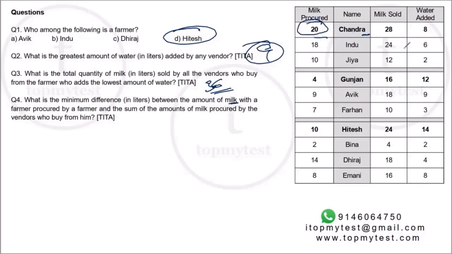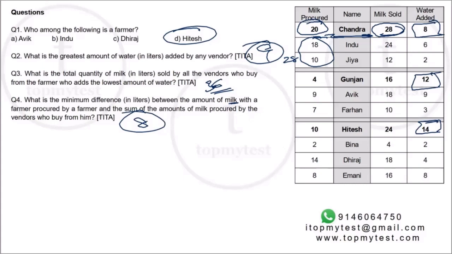The sum of milk procured by vendors who buy from him will be 18 plus 10, 28, which is basically the milk sold by him. You need to find the difference between the two. So difference is basically the water added. So you need to figure out what is the lowest amount of water added by any of the 3 farmers. The lowest amount of water added is 8.